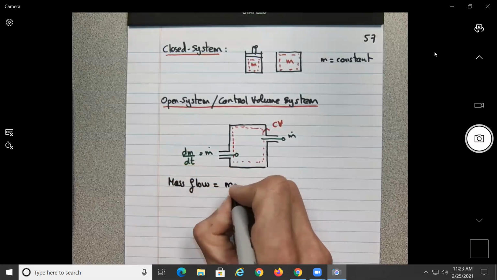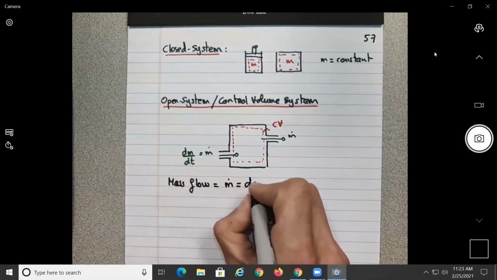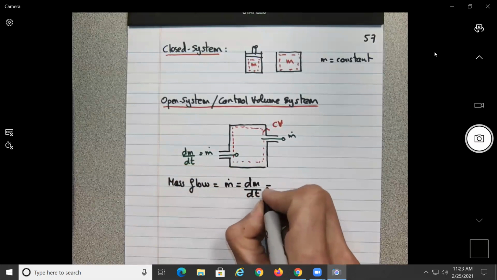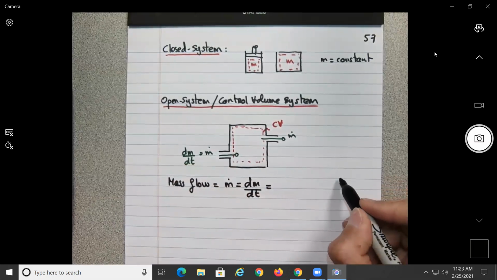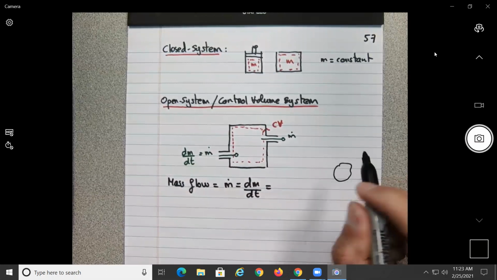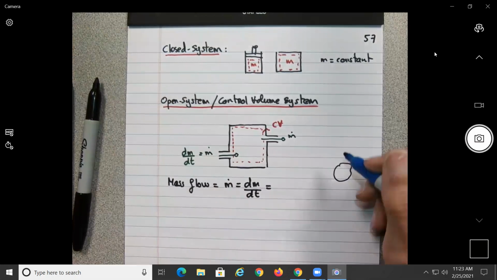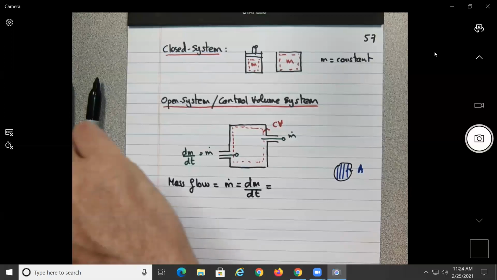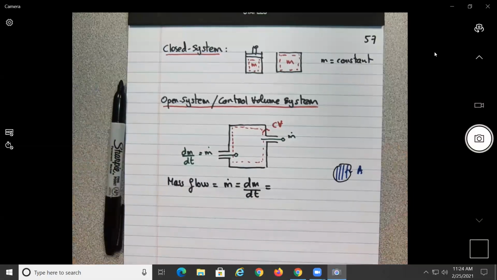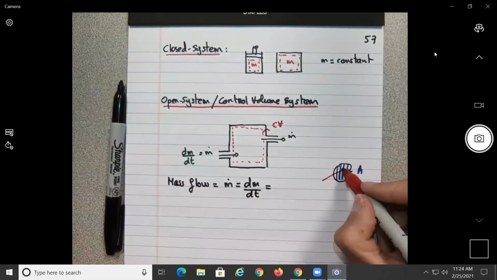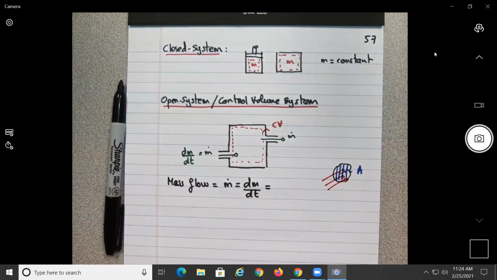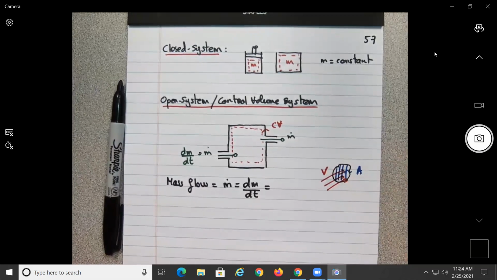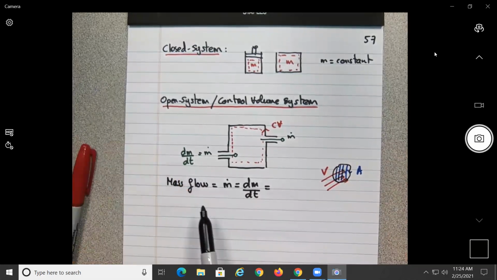Which is the m dot. So basically the mass flow, let's say you have a certain opening, a tube that has a certain diameter, and you have a flow going through it at a certain velocity V. So basically the mass flow means the amount of mass of that fluid that's going through that opening.